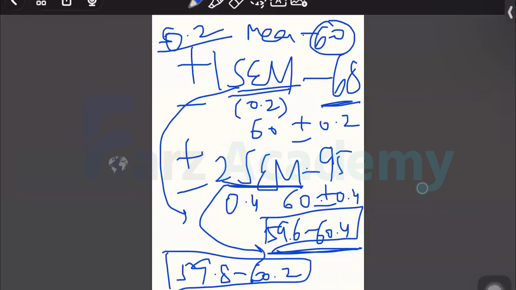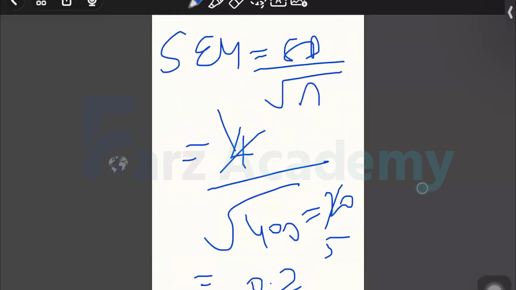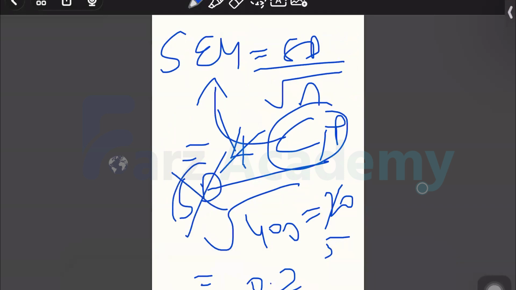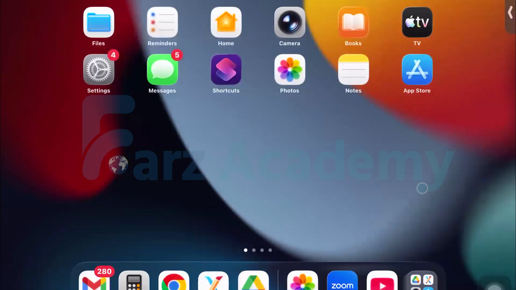Why did we calculate it? Because there was confidence in the question. So 95% were lying between two. If confidence or population is mentioned, you have to use this and not standard deviation, because it is just for one study. You can't extrapolate it to the population.